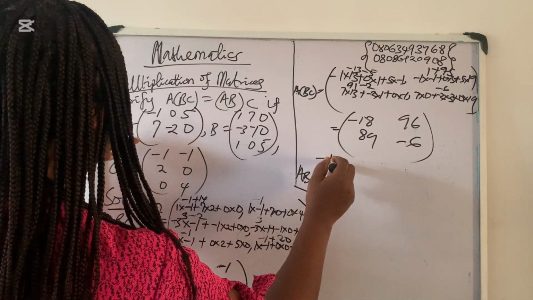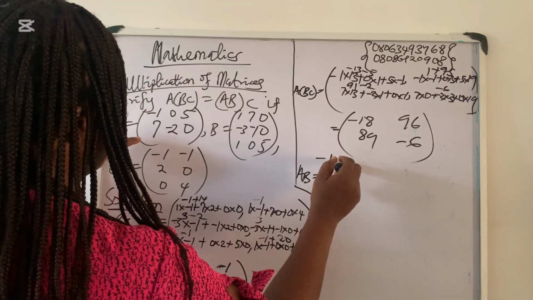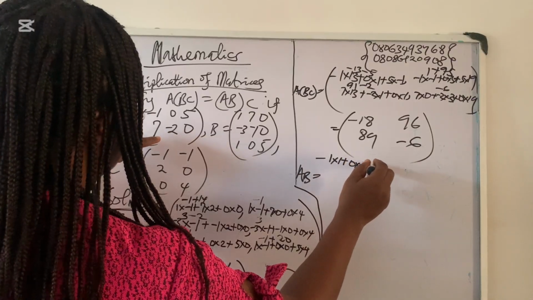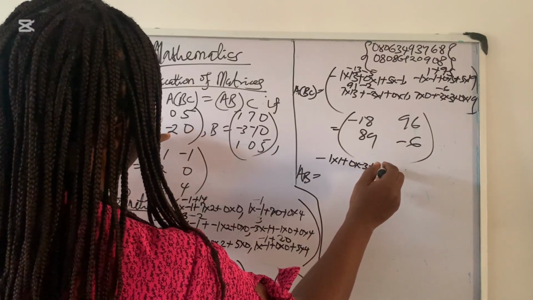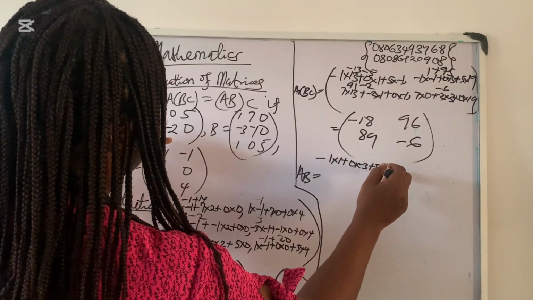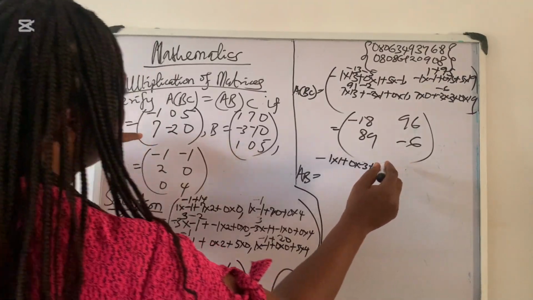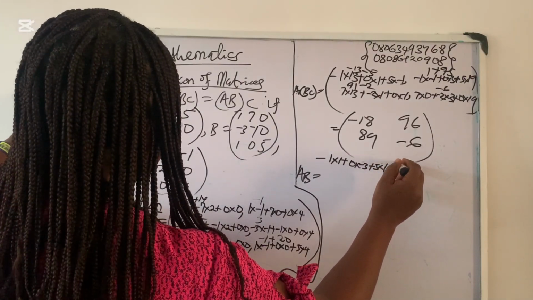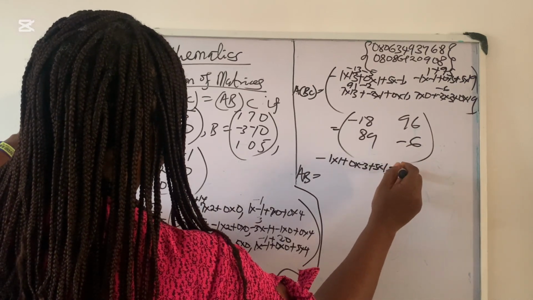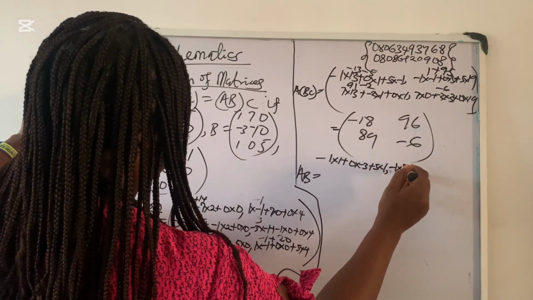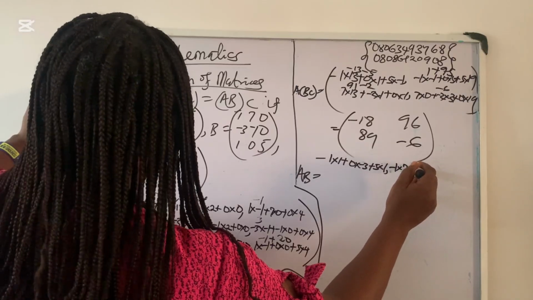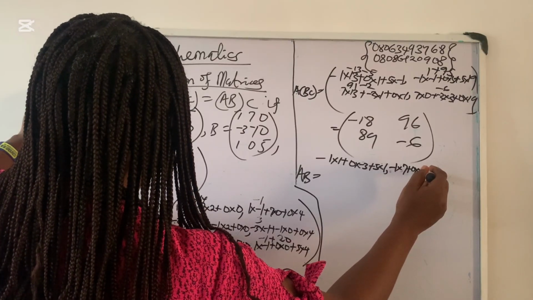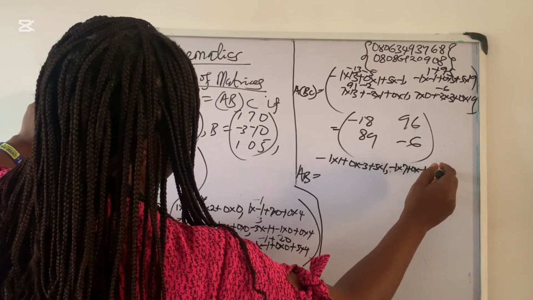Minus 1 for our AB, minus 1 times 1 plus 0 times minus 3 plus 5 times 1, then minus 1 times 7 plus 0 times minus 1 plus 5 times 0.